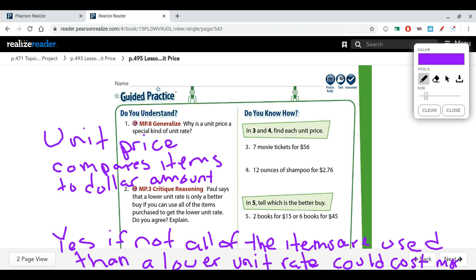Because again, I may be spending less money, but if I'm not going to use all of it, am I really saving that money? Okay.